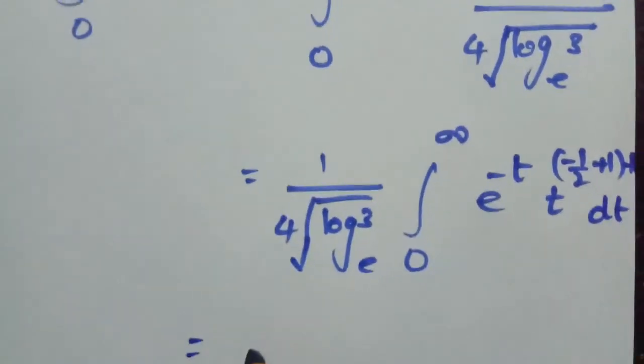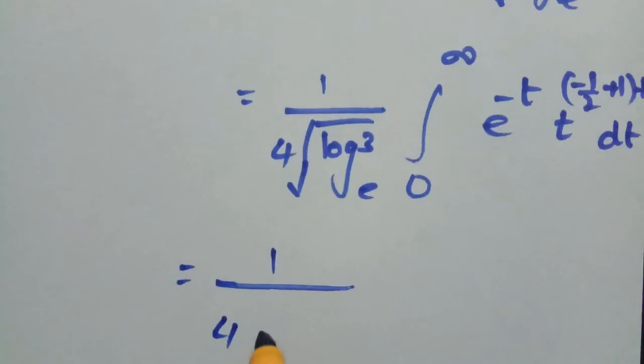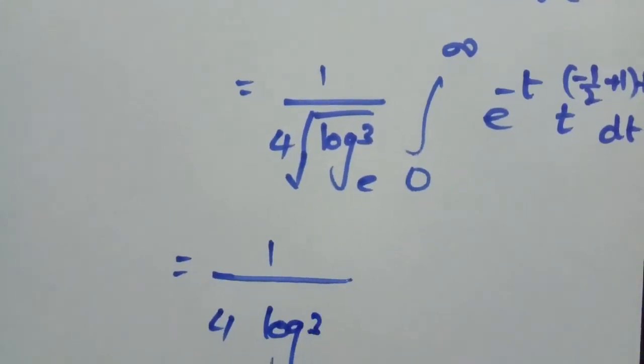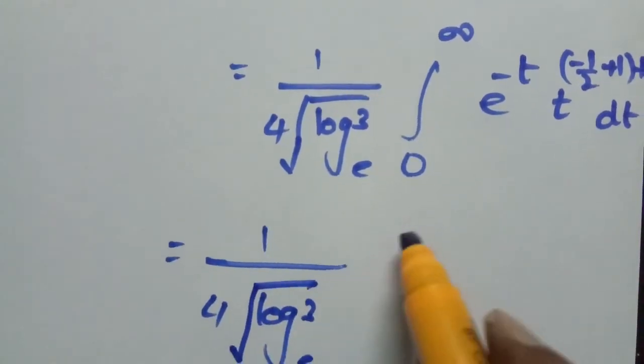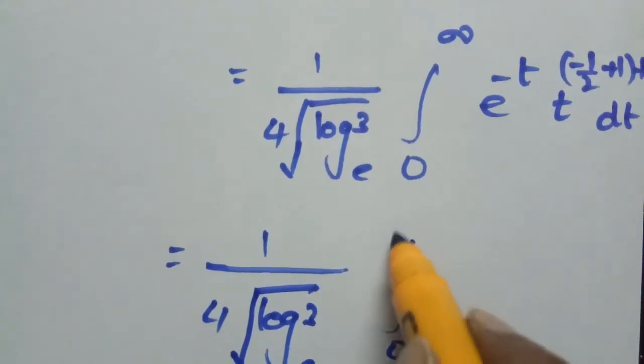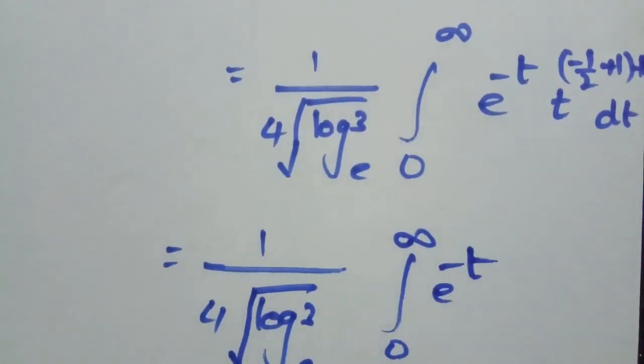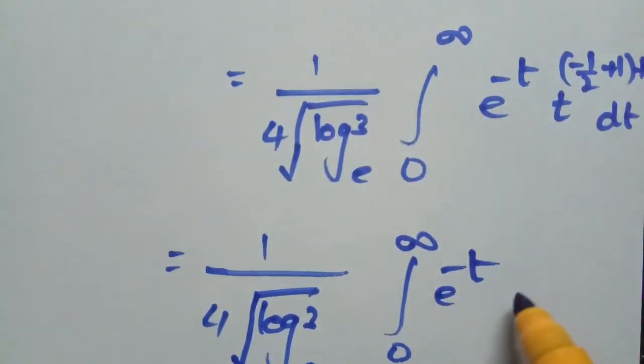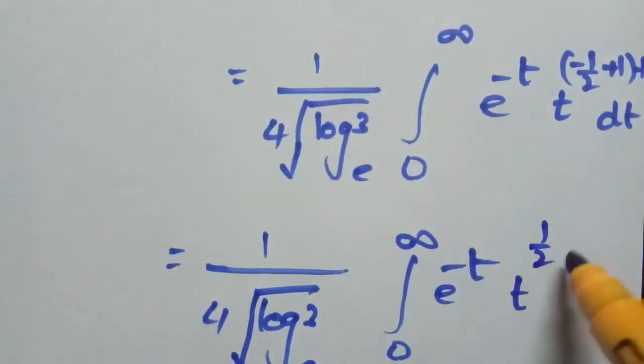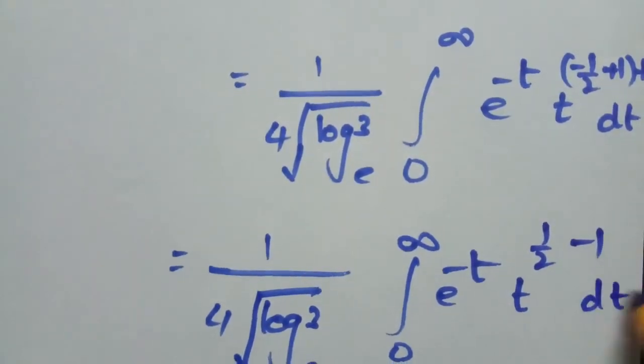That is equal to 1 by 4 into square root of log 3 base e, integral 0 to infinity e power minus t into t to the power of minus 1 by 2 plus 1, which is t to the power of 1 by 2 minus 1, dt.